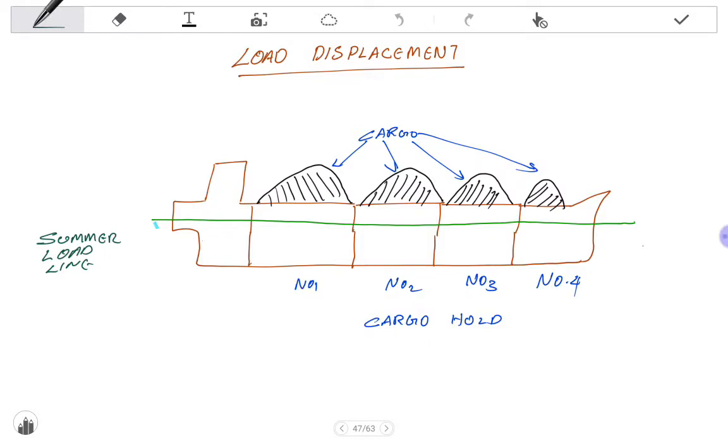Now the next thing is load displacement. What is load displacement?